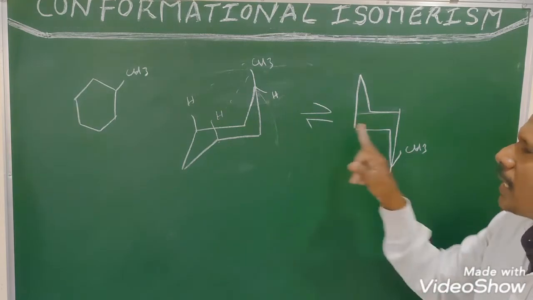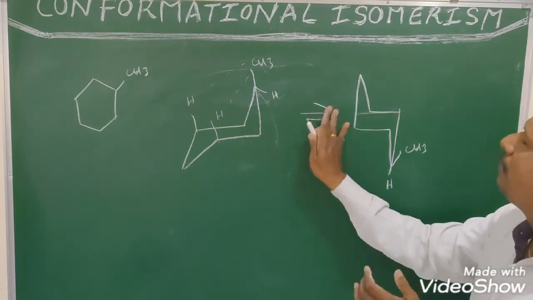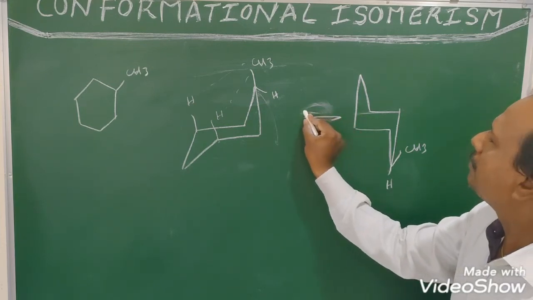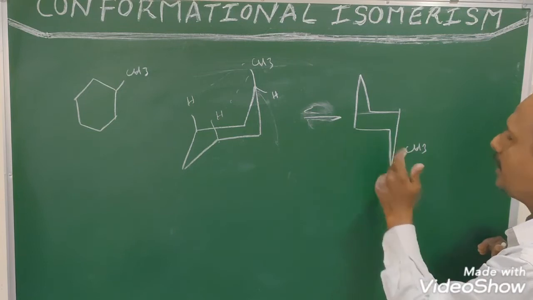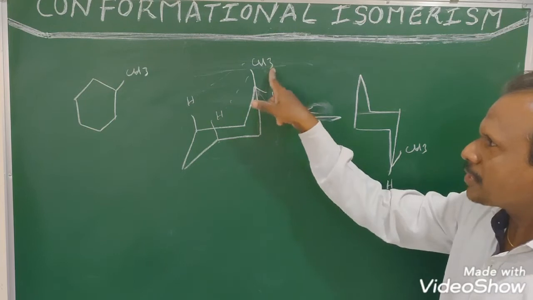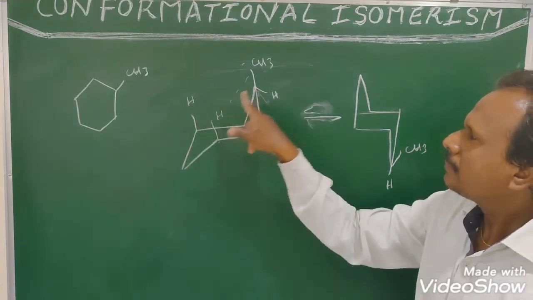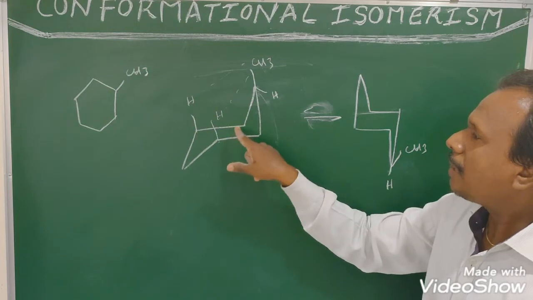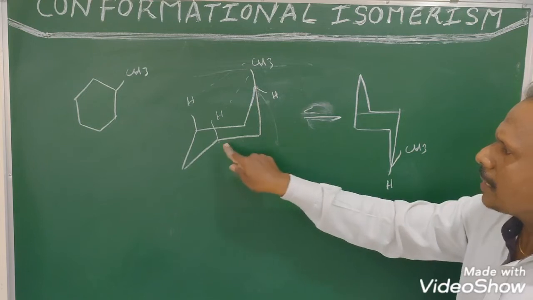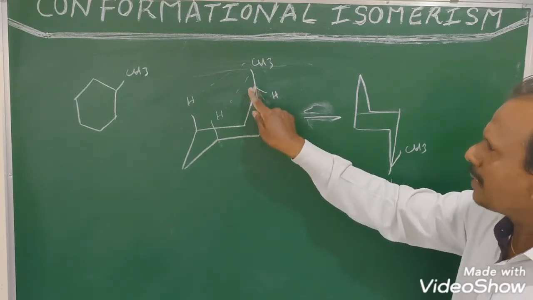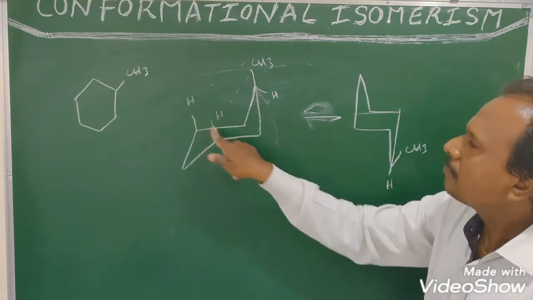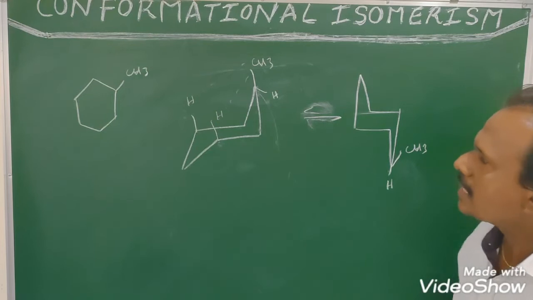So of these two chair conformations, this one is more stable. This is the exact representation. That means the majority of molecules are present in this chair conformation. Here, if the substituent is in the axial position, the first carbon and third carbon have H atoms in axial position. Numbered as 1, 2, 3, the third carbon has these two axial H atoms.